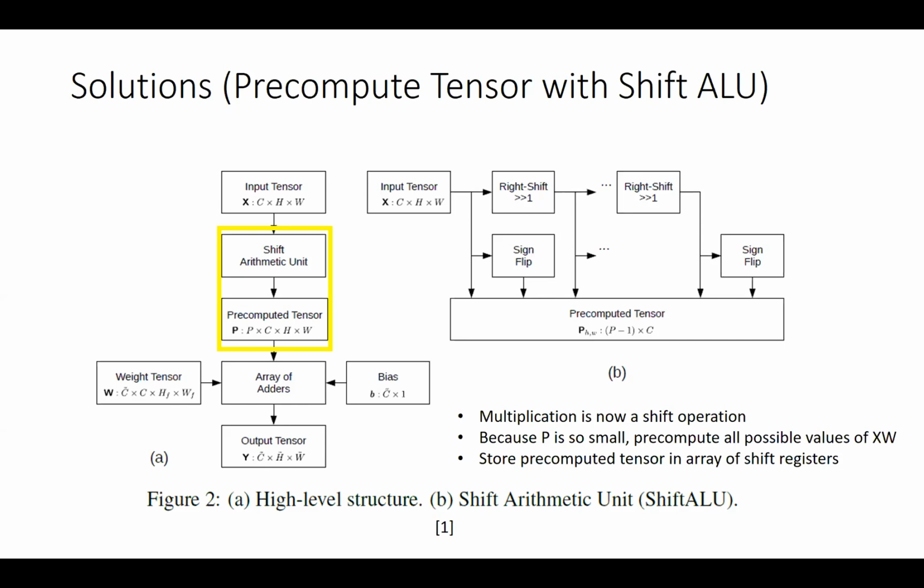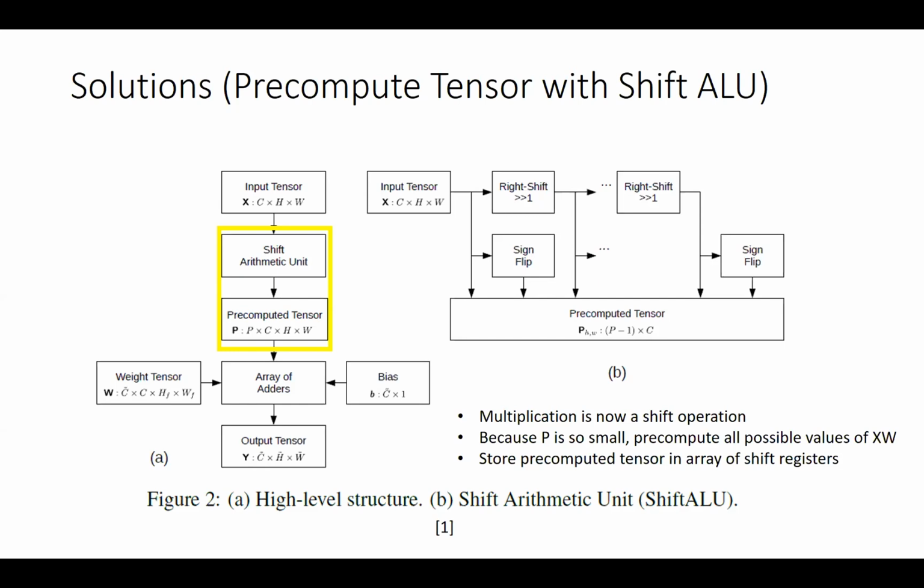Once we have got those values, we are storing those pre-computed tensors for further use. We are going to be using those pre-computed tensors in our array of adders to get to those results that you can now imagine using the toy example.